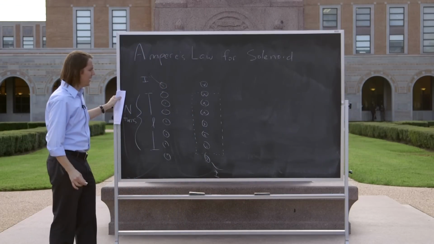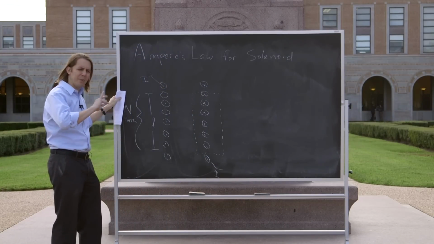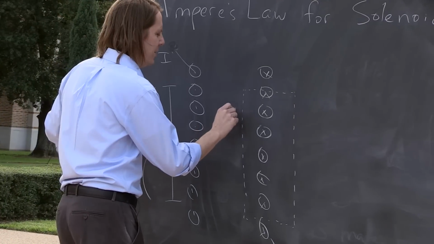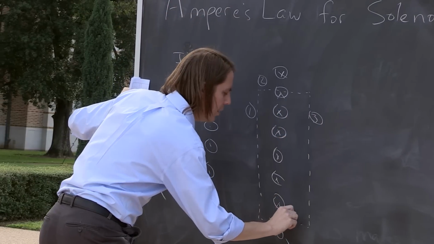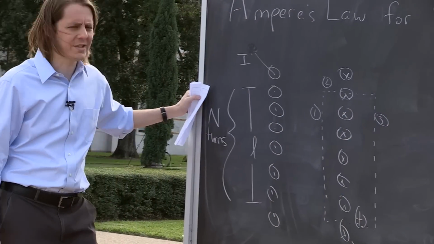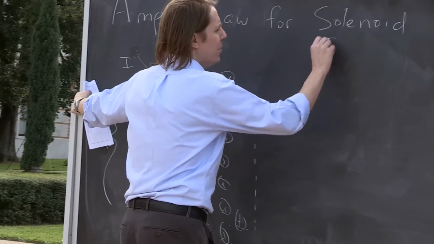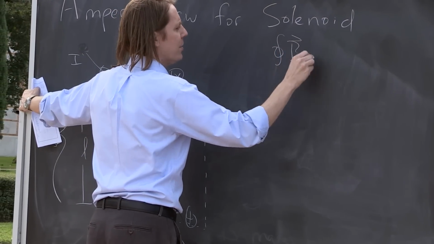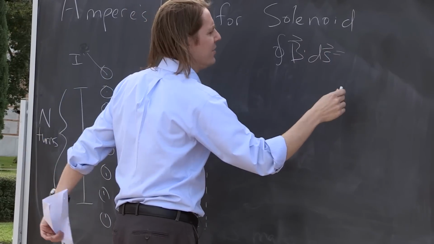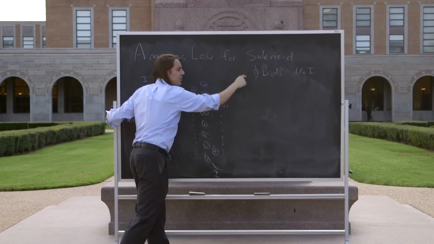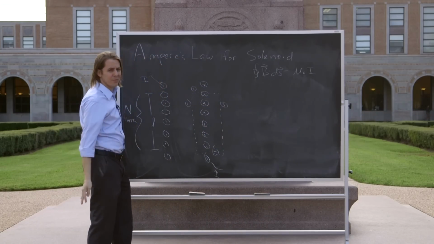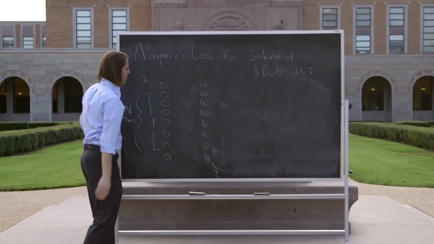And we're going to do what we always do when we're doing our nice symmetric vector calculus. We take the integral and turn it into several terms, one for each side of this Amperian rectangle. The real thing we're looking for is the integral of B dot ds equals mu naught I. This integral is around a closed loop. We're going to break it up into 4 integrals, one for each piece.